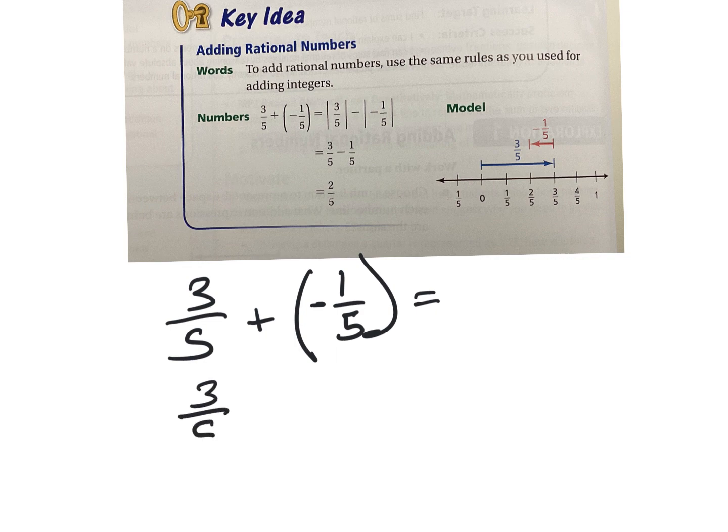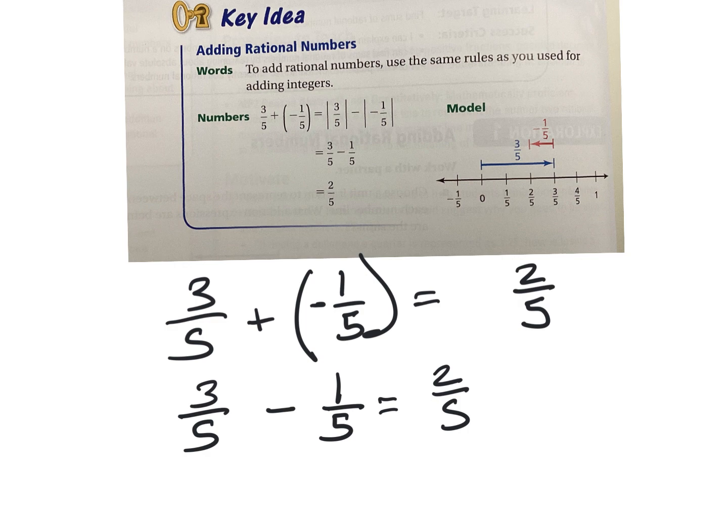So I'm going to start with the absolute value of 3/5, and the absolute value of negative 1/5 is 1/5. And I know that 3/5 is bigger than 1/5, so I'm going to take away that 1/5. That leaves me with 2/5. And that is the fraction I need.